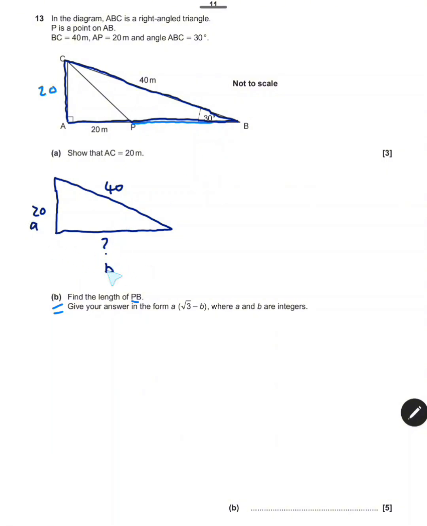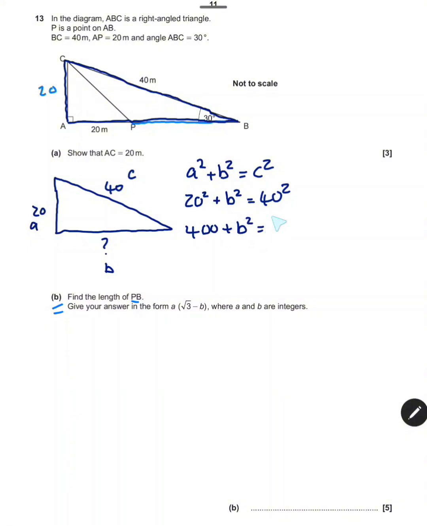There is A, there is B. Remember, longest side is C. Rest don't matter. We'll write A squared plus B squared equals C squared. A is 20. B is the thing I'm looking for. And C is 40. 20 squared, well, 2 2s are 4, and then there'll be 2 zeros on the end.